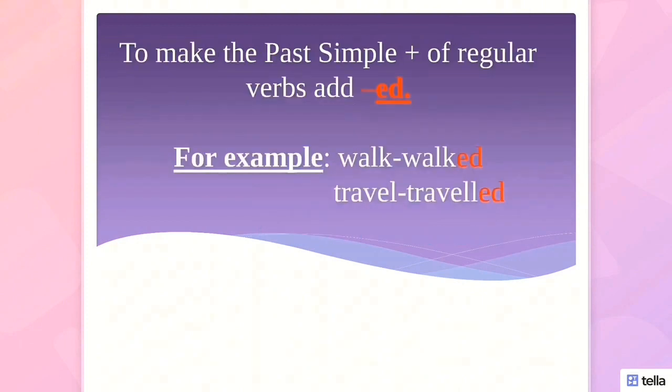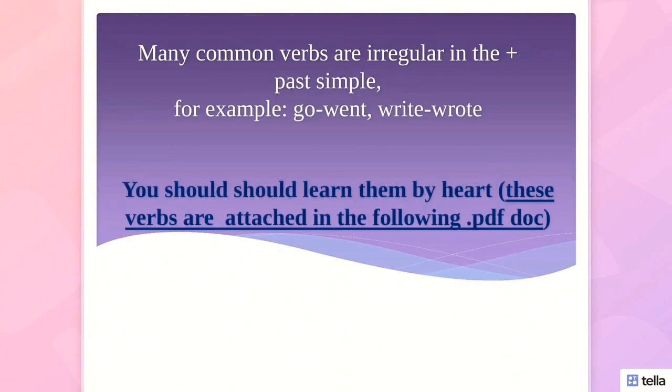In order to make the past simple verb, we have to add ed to a regular verb. For example, walk, walked, travel, traveled. But many common verbs are irregular in the affirmative sentences in the past simple tense, and in order to make a past simple verb, we have to change the whole word, as in the example, go, went, ride, rode.